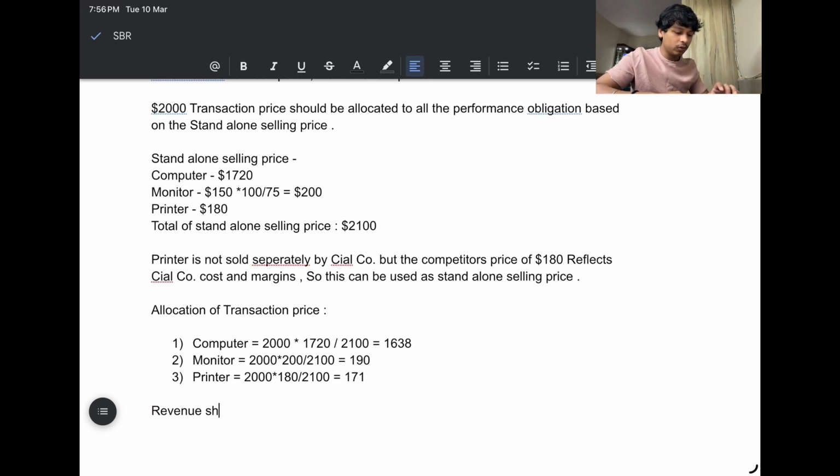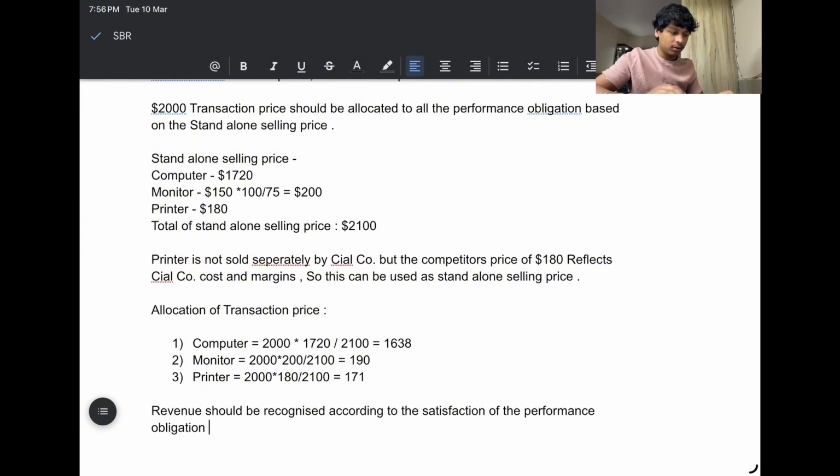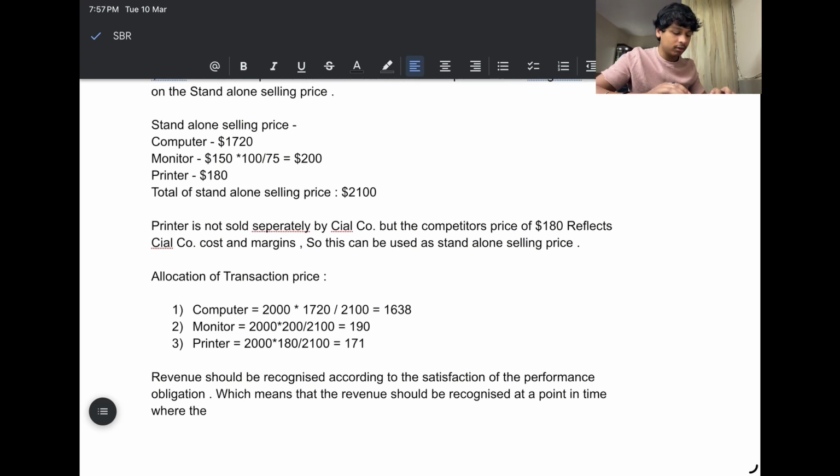Revenue should be recognized according to the satisfaction of the performance obligation, which means that the revenue should be recognized at the point in time where the goods have been delivered to the customer.